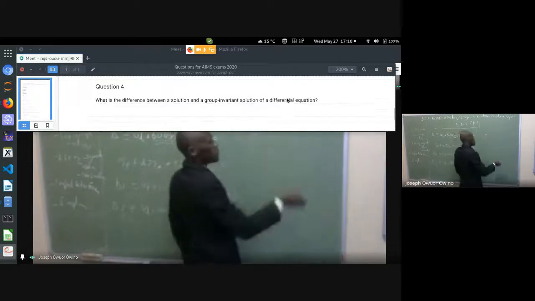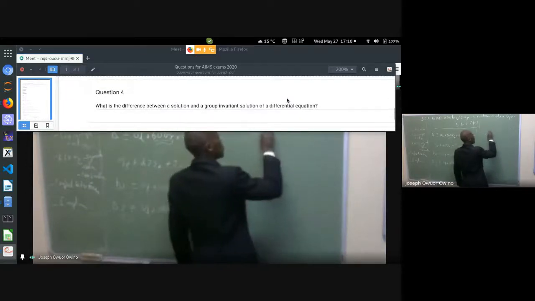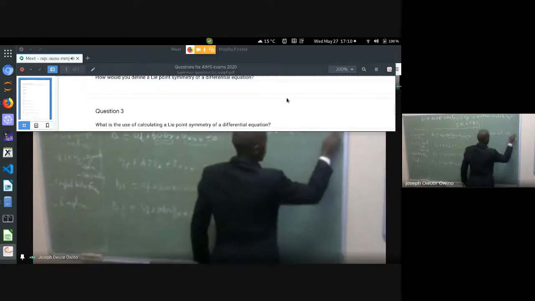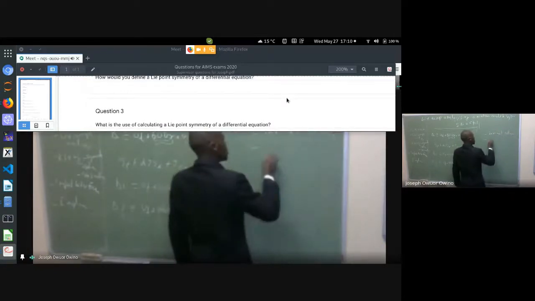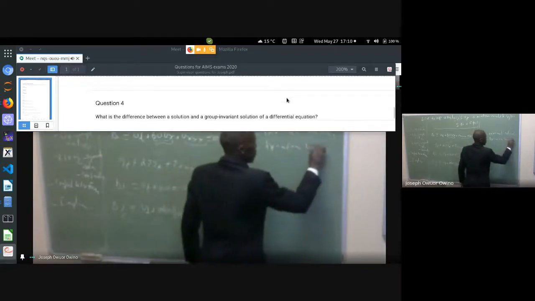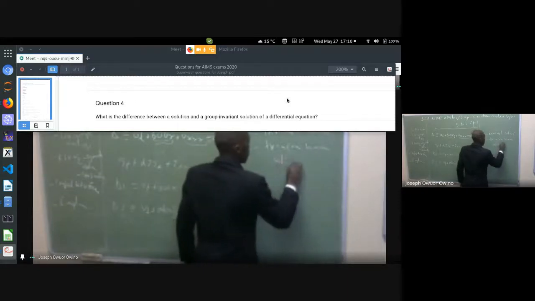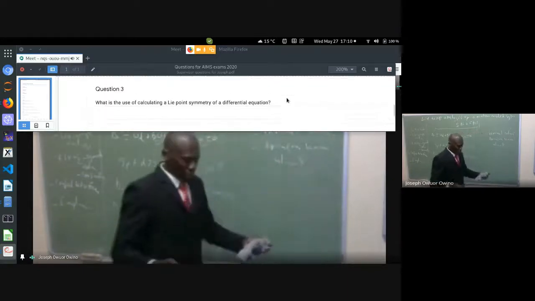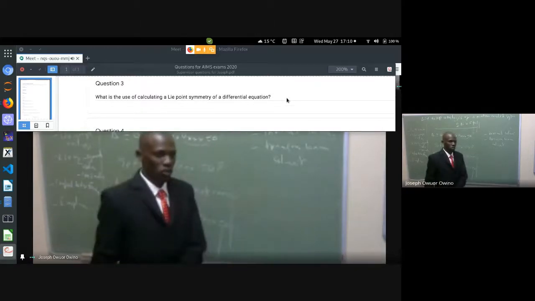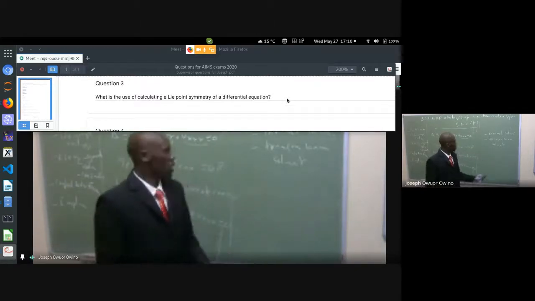We use symmetries, number one, to find invariant solutions. And we also use symmetries to transform known solutions. So I started by saying a symmetry simply transforms a solution to another solution of the PDE or the ODE.